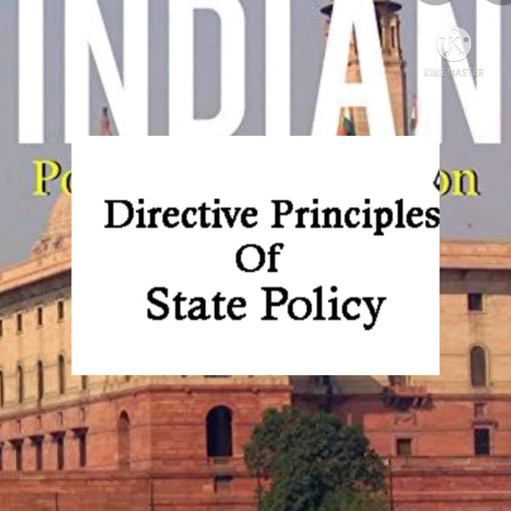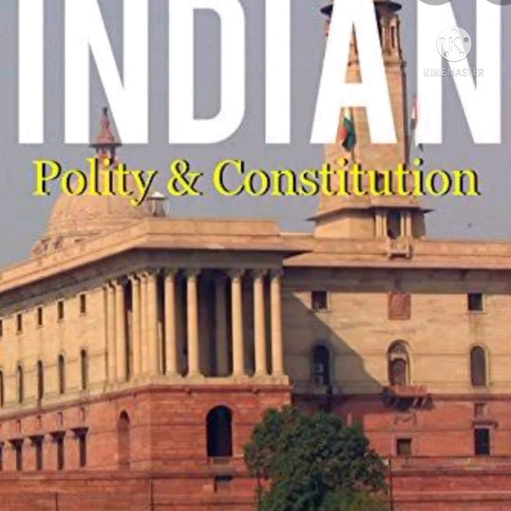That means, for the violation of a fundamental right, we can go to the Supreme Court, but we can't go to the Supreme Court for the implementation of the DPSP. That is the difference between both.